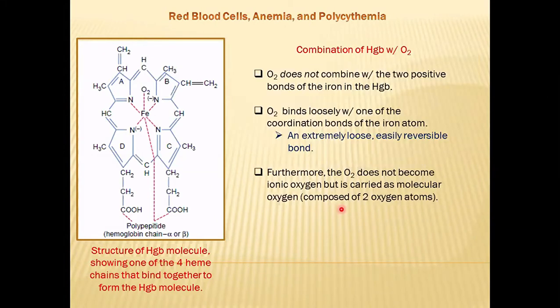So oxygen does not combine with the 2 positive bonds of the iron in the hemoglobin. It binds loosely with 1 of the coordination bonds of the iron atom. It's an extremely loose, easily reversible bond. And furthermore, the oxygen does not become ionic oxygen, but is carried as molecular oxygen composed of 2 oxygen atoms. So that's the abbreviation O2.